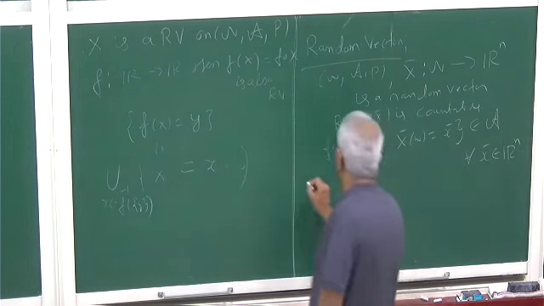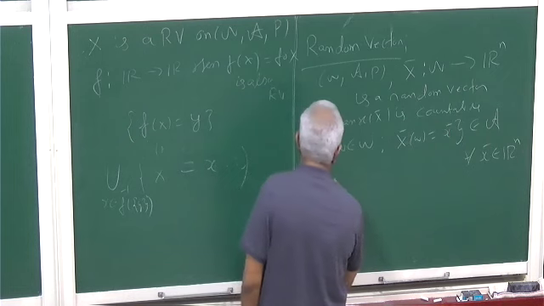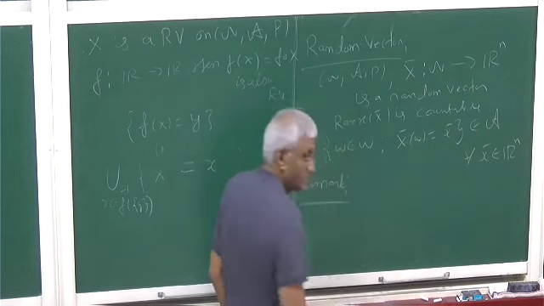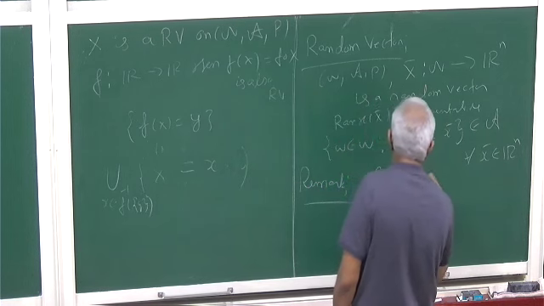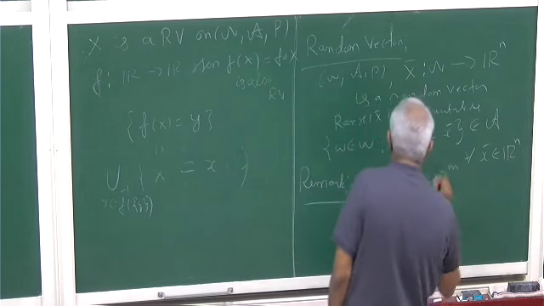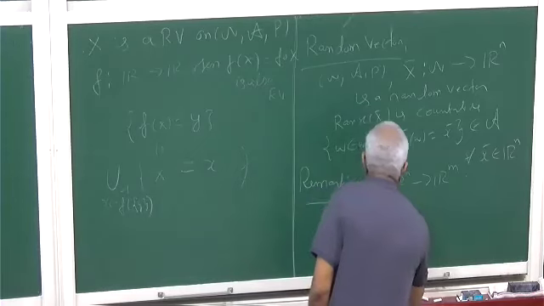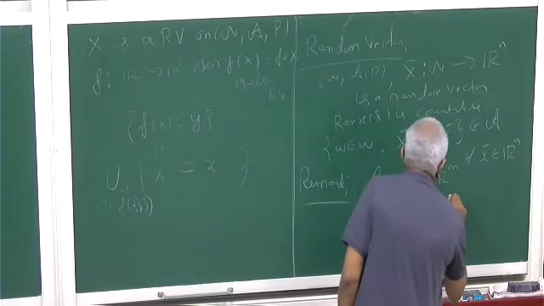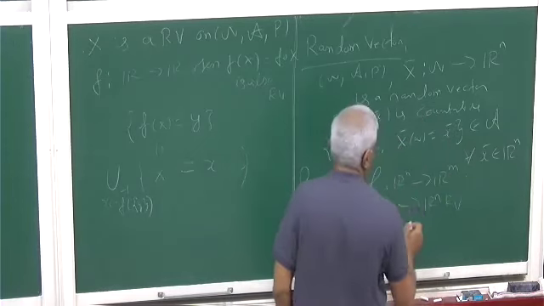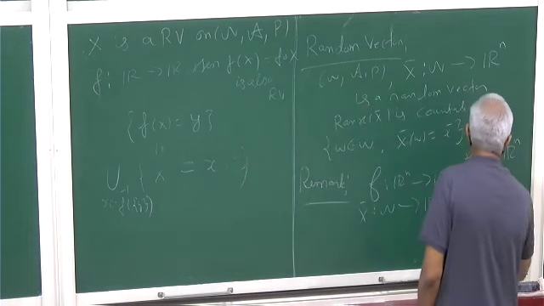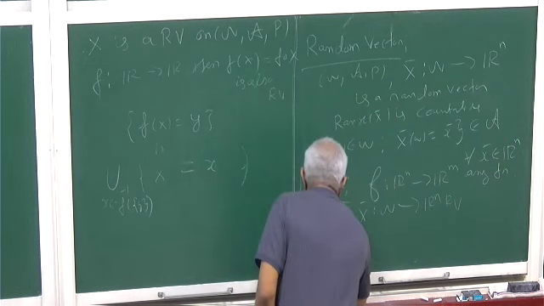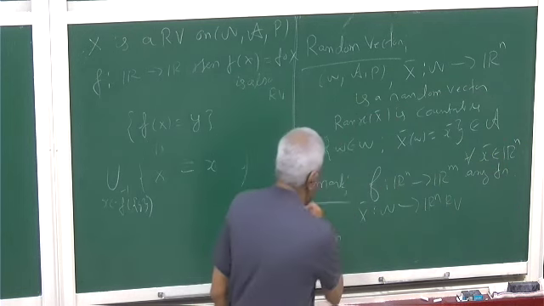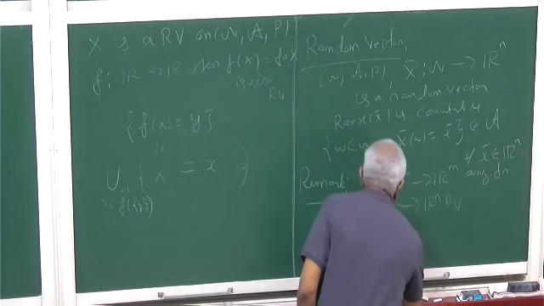Then notice these are all straightforward observations, but you will just note it. So if I have a function f from Rn to Rm, and X bar is a random vector from omega to Rn, and f is just any function, then f of X bar is also a random vector.